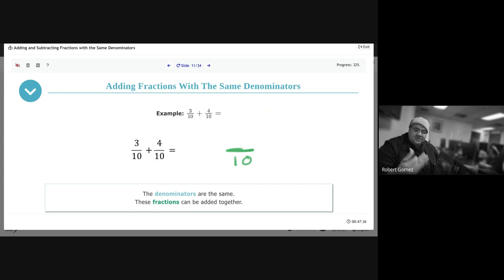Let's get into the habit of doing that right now. And then we're going to do the math up here. So we have 3 plus 4. That's going to give us 7. So we should have 7/10.